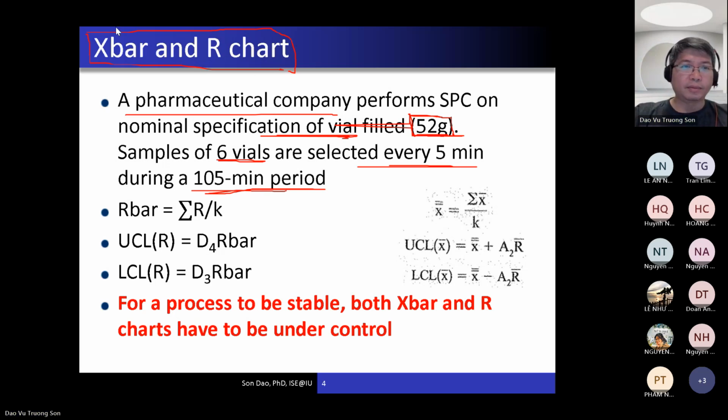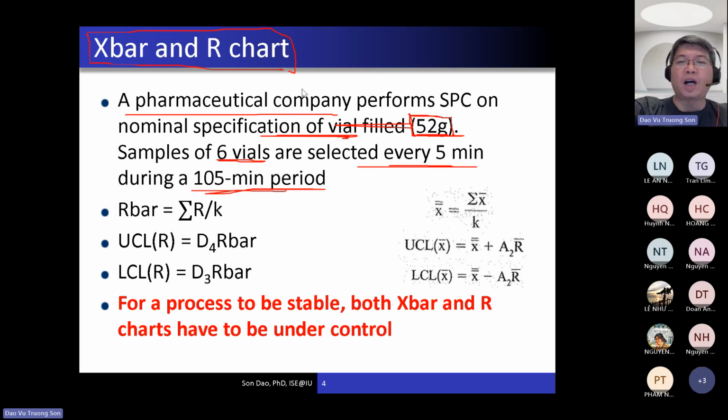Anyone? Total, how many samples should we collect? Every 5 minutes, we collect 6 samples.